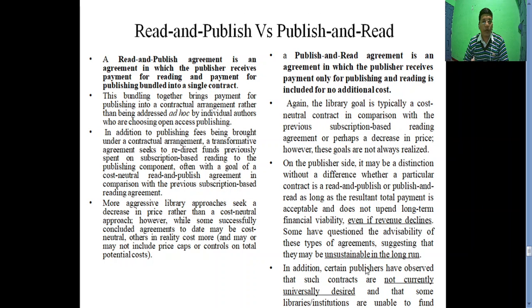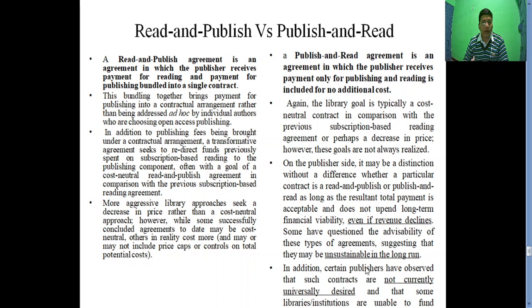In addition to publishing fees being brought under a contractual arrangement, a transformative arrangement seeks to redirect funds previously spent on subscription-based reading to the publishing component, often with a goal of a cost-neutral read and publish agreement in comparison with the previous subscription-based reading agreement.